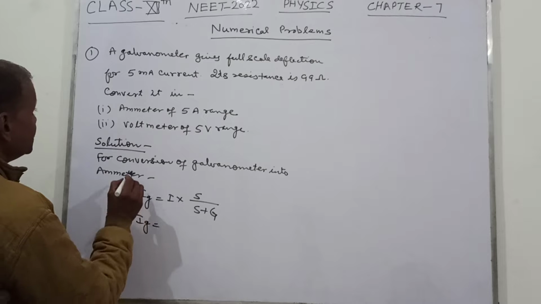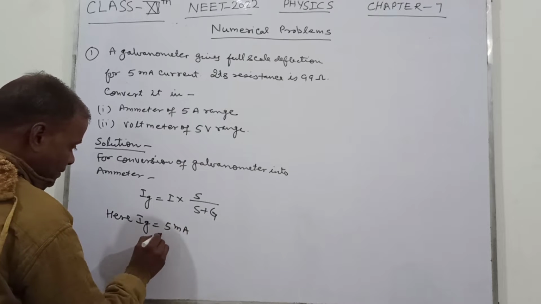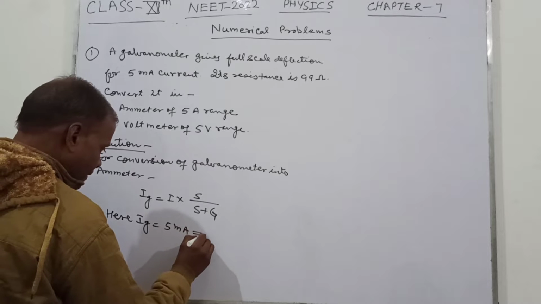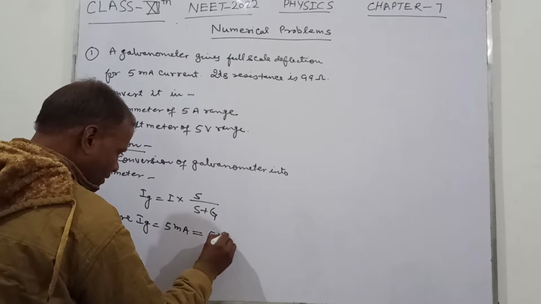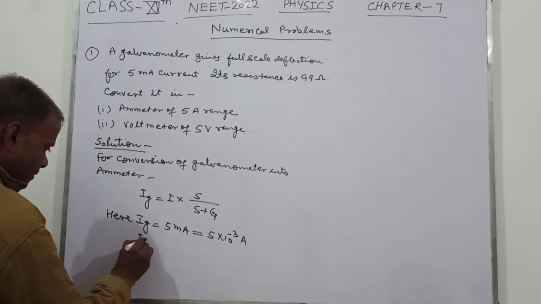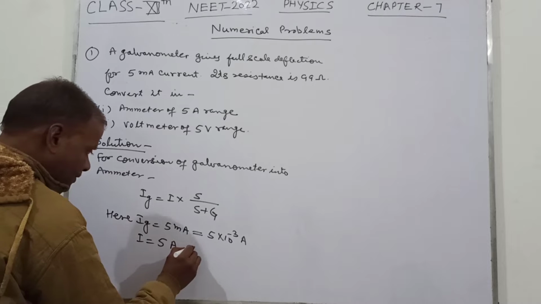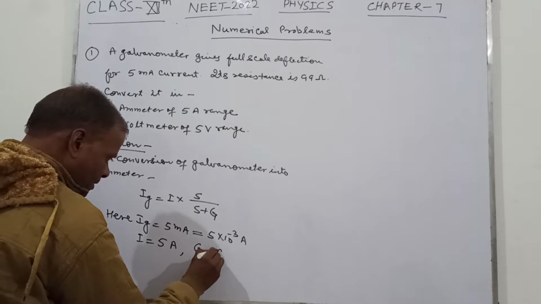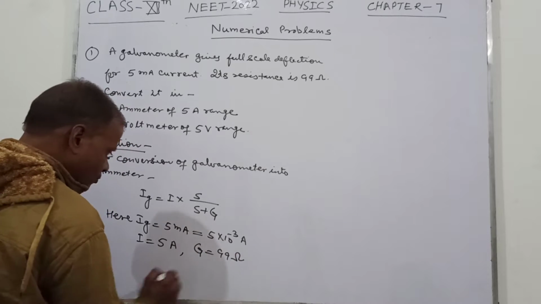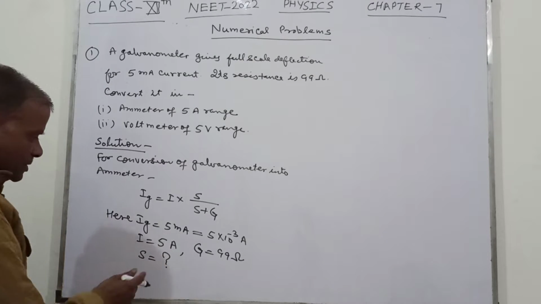So here Ig is equal to 5 milliampere, which is 5 into 10 raised to the power minus 3 ampere. I is now 5 ampere, and G is 99 ohm. You have to find S. This is our question.